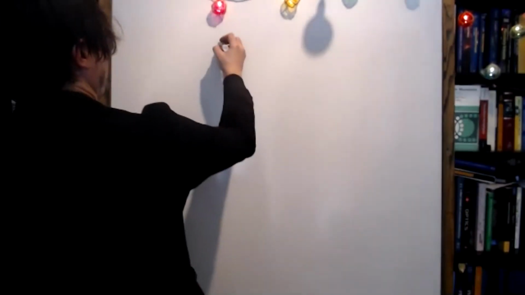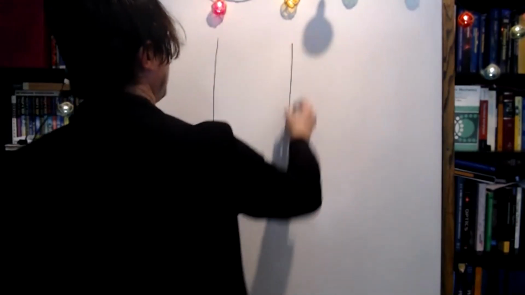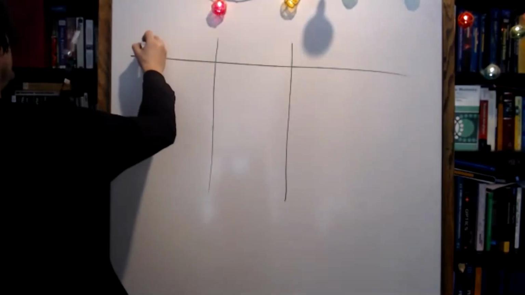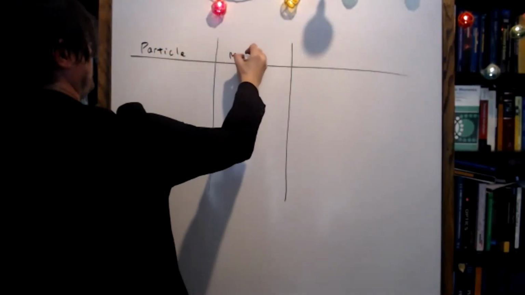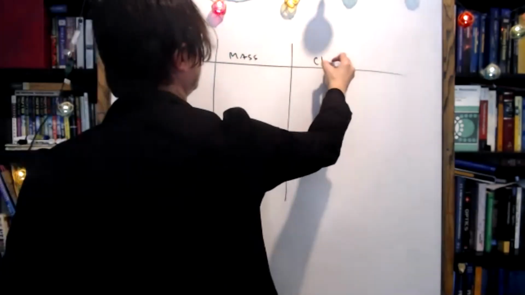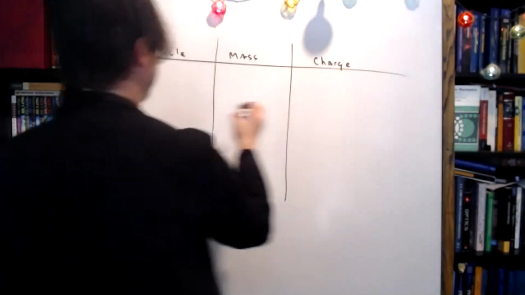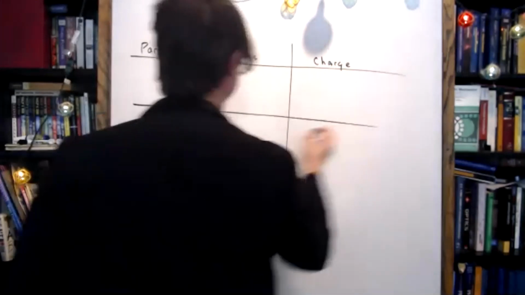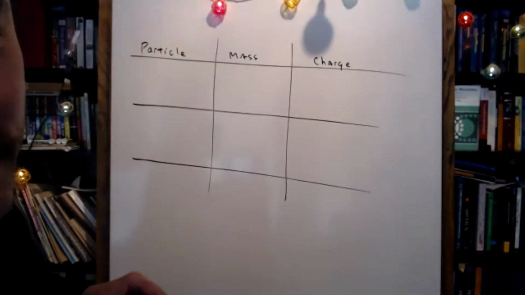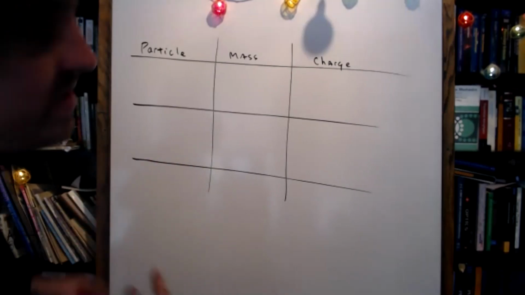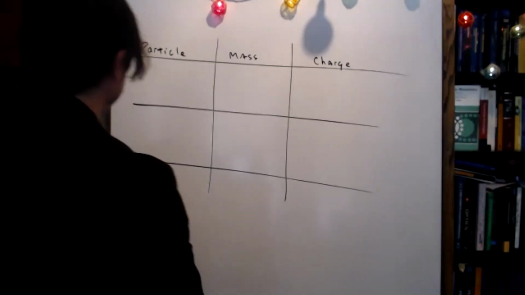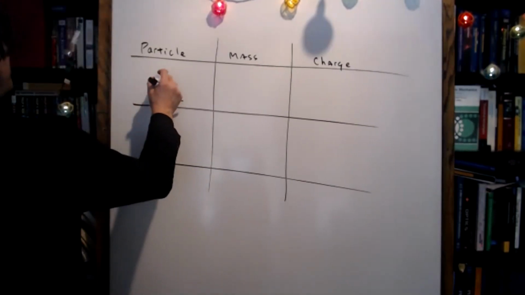Let's say we wanted to compare our three particles by mass and by charge. So here's the particle, here's the mass, and here's the charge, okay? Charge is sort of, we say it's quantized. It's relegated to pluses and minuses, plus ones and minus ones. It's integer-like.